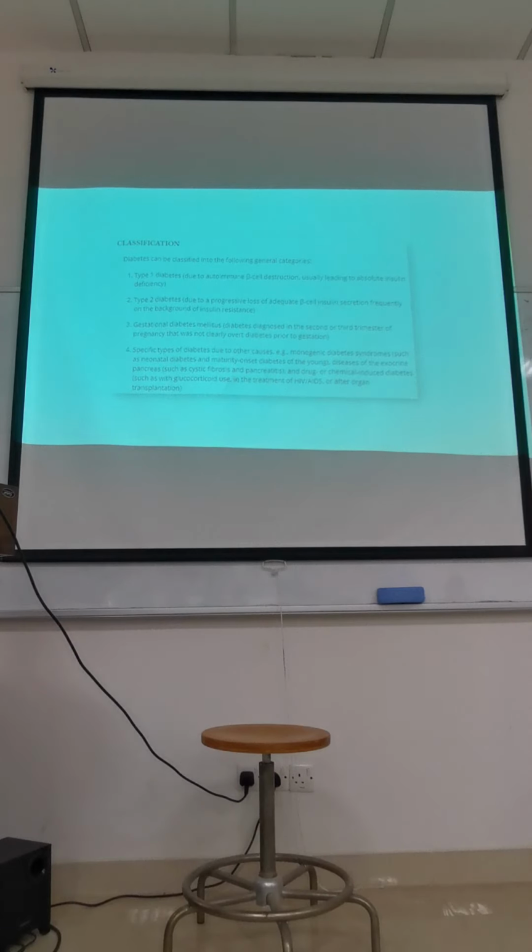One is for cancer, one is for autoimmune conditions. So if I am taking methotrexate and it has damaged my beta cell, now I will have diabetes. It is not type 1, it's secondary, right? So that's called a specific type of diabetes. So these are 4 main types of diabetes.